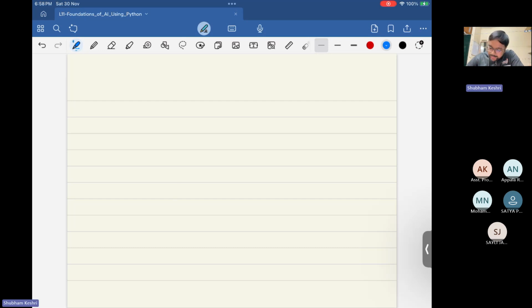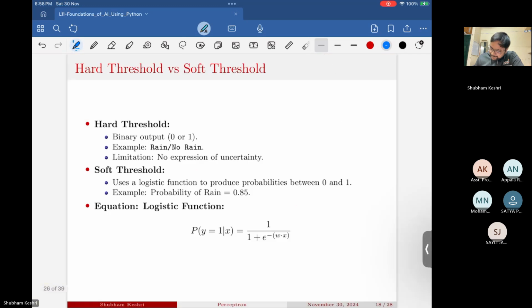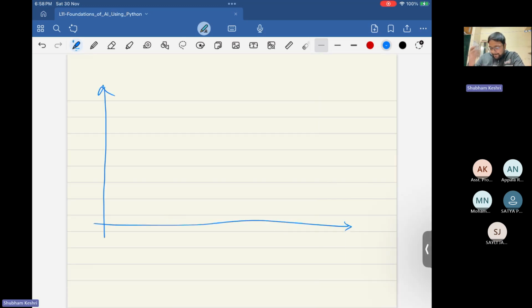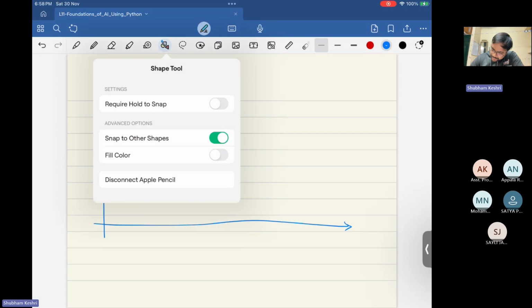Okay. Now there can be some issues with this as well. Okay. We'll see the issues now. So you see, suppose these are the data.